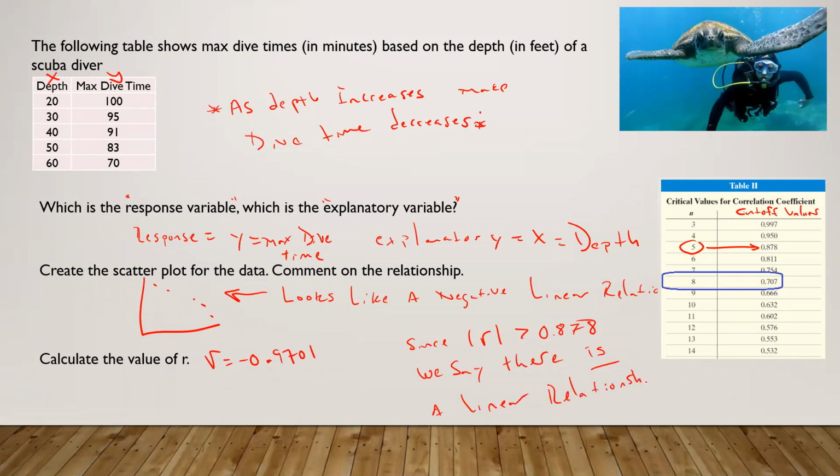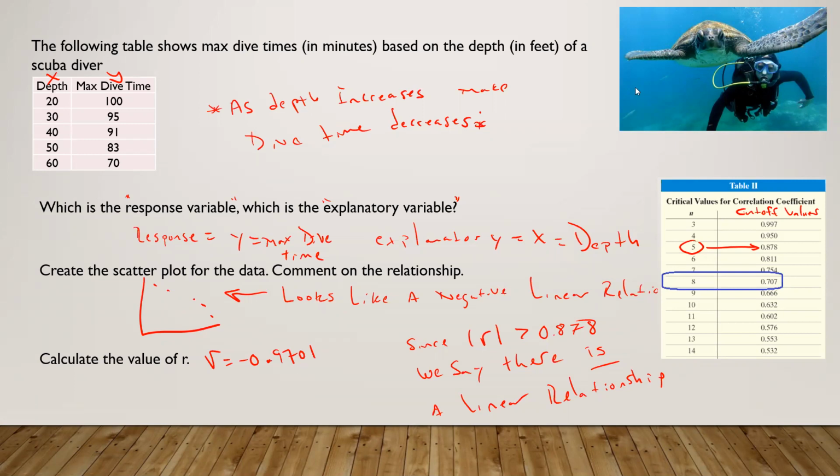In this case, we can say for sure it's a negative linear relationship. And I will tell you this, on the problem on the exam, it will absolutely say that there's a linear relationship. I will never give you a problem where it fails to be.